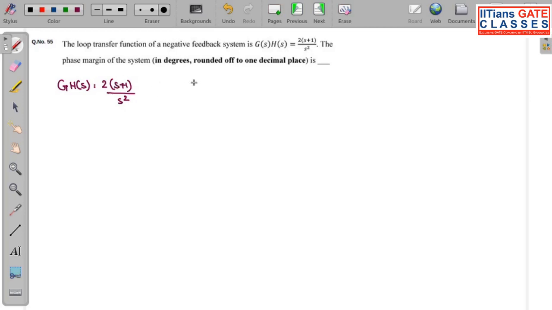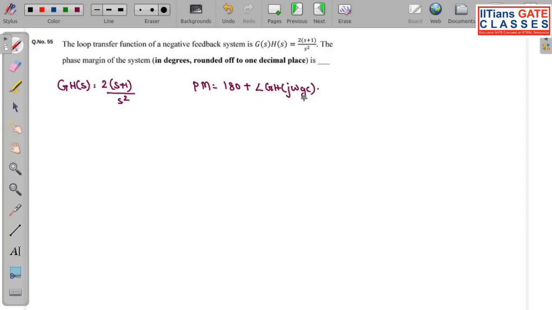If I tell you about phase margin, what we know is that phase margin is 180 degrees plus the phase of the transfer function at the gain crossover frequency. So this is the formula.